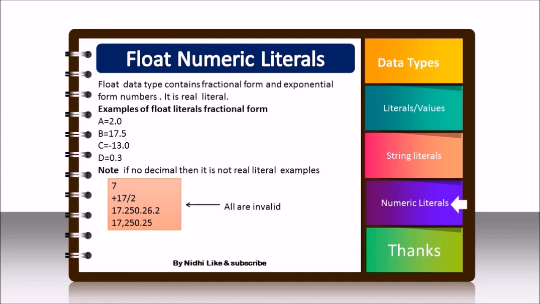Writing plus 17 divided by 2 is also invalid, because the division symbol is not allowed in fractional form. And writing 0.26.2 is also invalid because it contains two or three decimal points. Comma is also not allowed in a floating number.